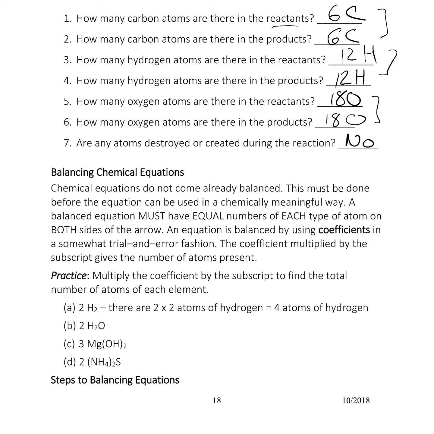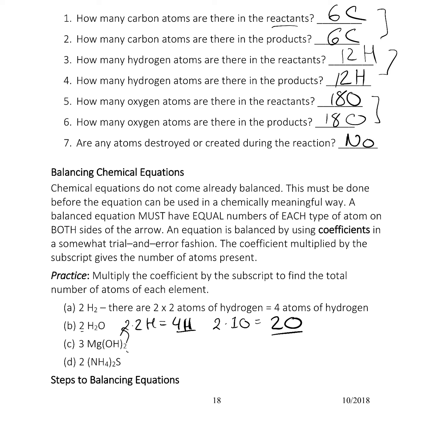So let's practice here. We have a 2 times water, so 2 times the hydrogen would give us 2 times 2 hydrogen, which is 4, and 2 times 1 oxygen, which means 2 oxygens. So 2 oxygens and 4 hydrogens. I know that almost looks the same. All right. The next one, we have 3 magnesium hydroxides.